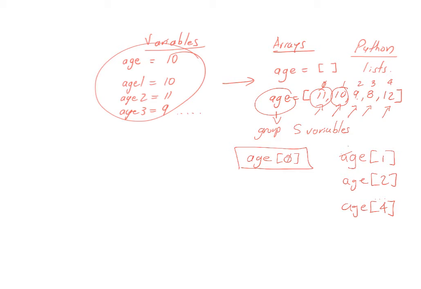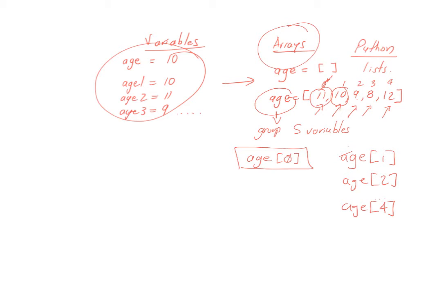So as you can see, arrays are just a way to access multiple variables of the same type in just one variable. And to access those, we have to define the indexes of these elements. So usually in most programming languages, the first element is of index 0.